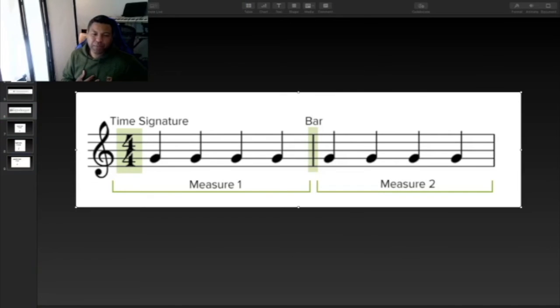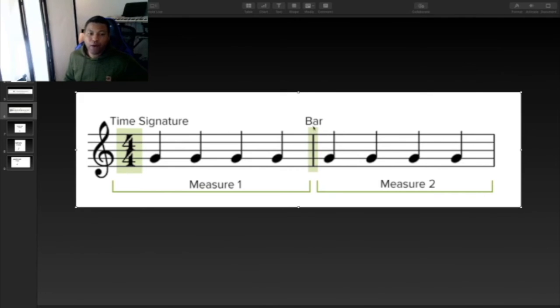Okay, so in this particular lesson, we're going to be going over measures and time signature. I'm covering these things together. You're going to see why in just a moment. First thing, let's look at this. Here it says measure 1, measure 2. This right here is what we call a bar line. The 5 lines that we see here, we call those staff lines.